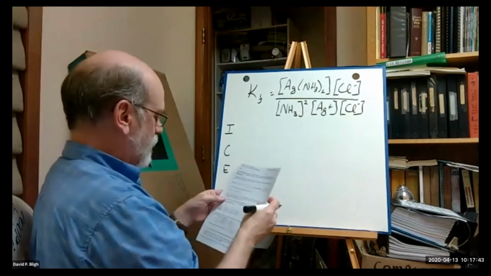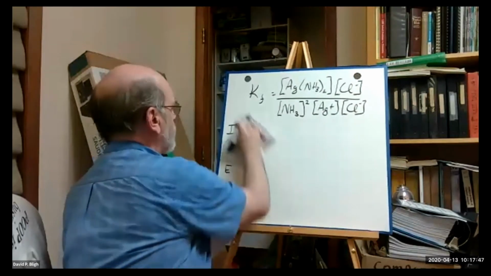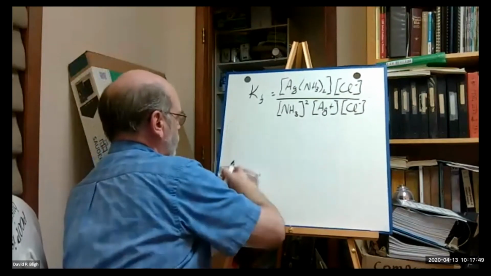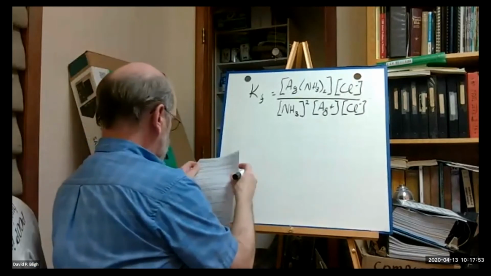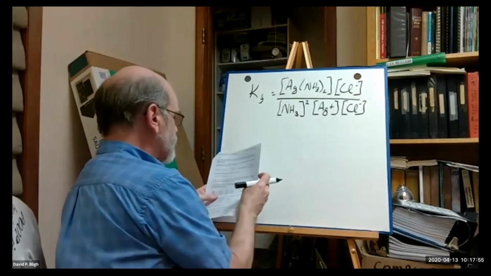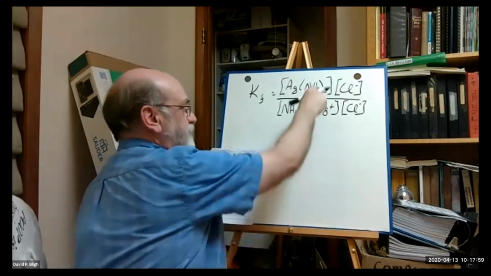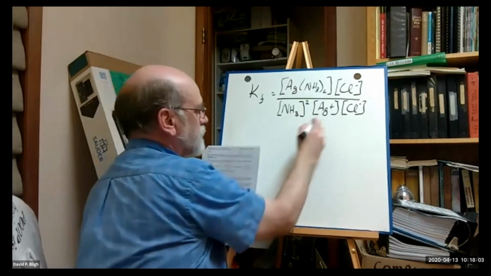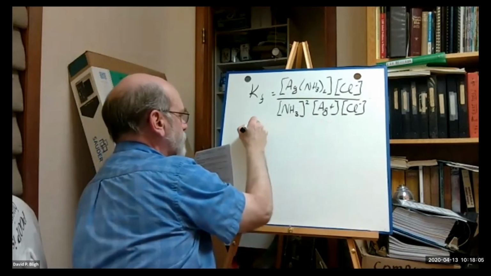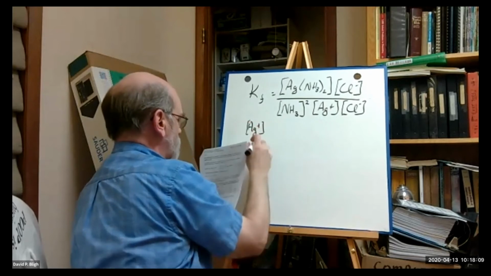Right? Now I'm going to try to squeeze these in. Let's see, let me move it down just a little bit. I think I can do that. Let's write these in first. So our ice table is going to be, that's product, so these are reactants. So I'm going to put silver first. Right.